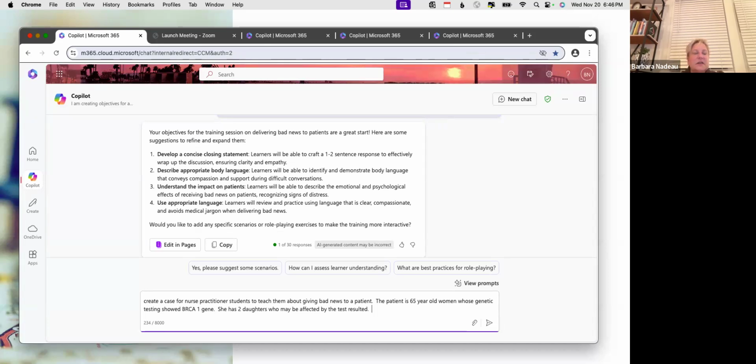And what do we want the case to look like? Do we want to have multiple choice questions about it? Do we want to have it unfold in different steps of the scenario? Do we want students to interact with that case?